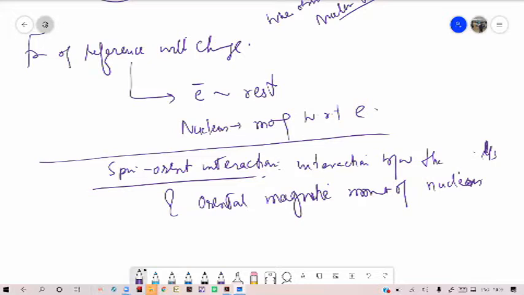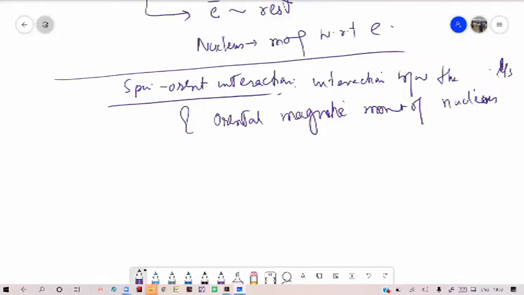That magnetic field will interact with the spin magnetic moment of this electron, and it is called spin orbit interaction. This magnetic field, which arises because of the orbital motion of the nucleus, is the internal magnetic field of an atom. So that nuclear field and the spin magnetic moment will interact with each other.